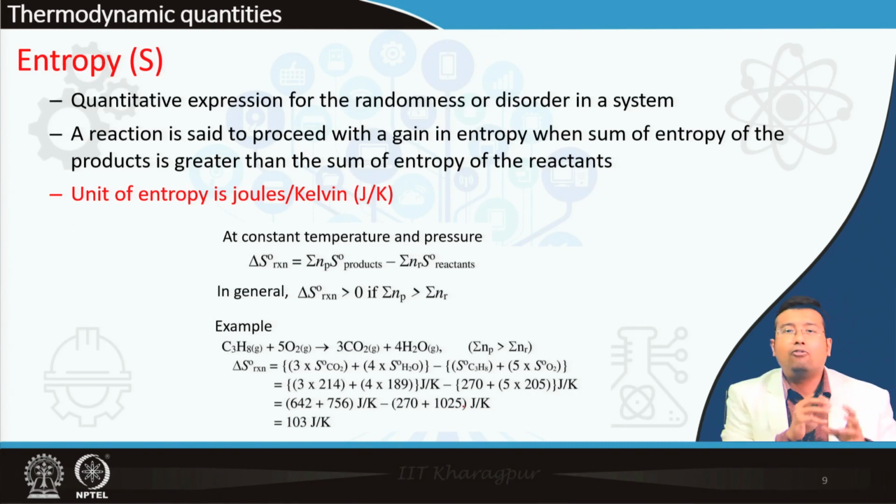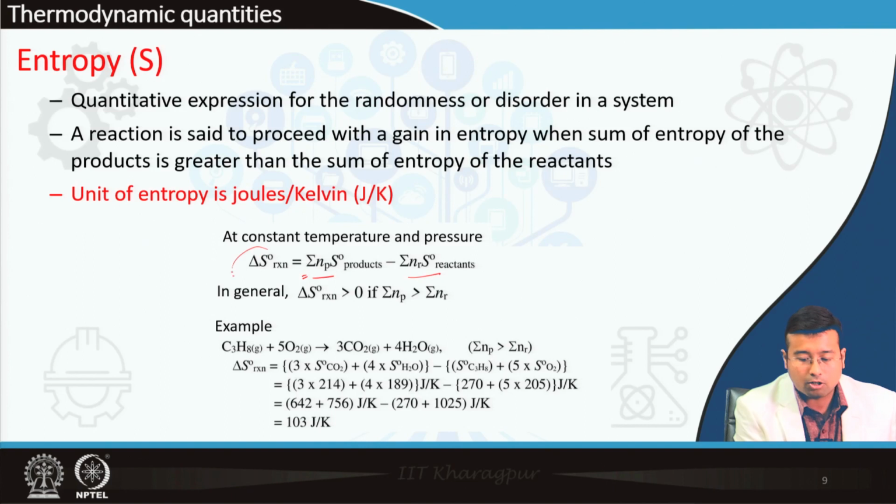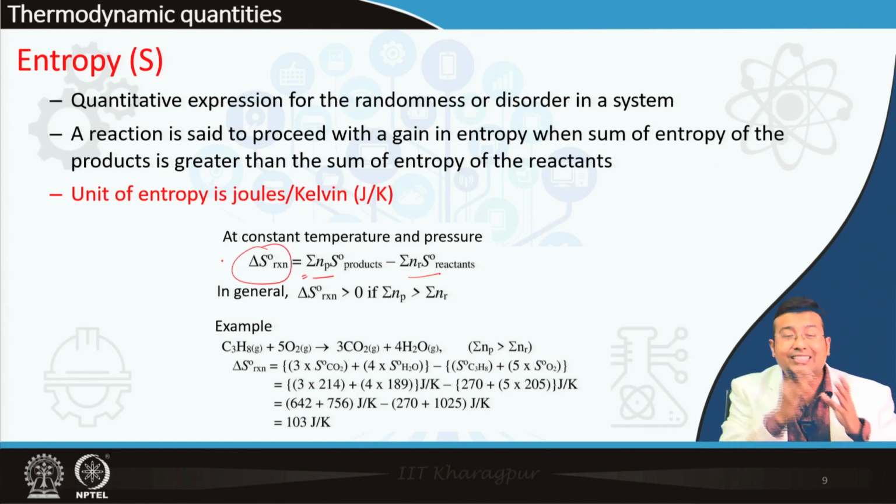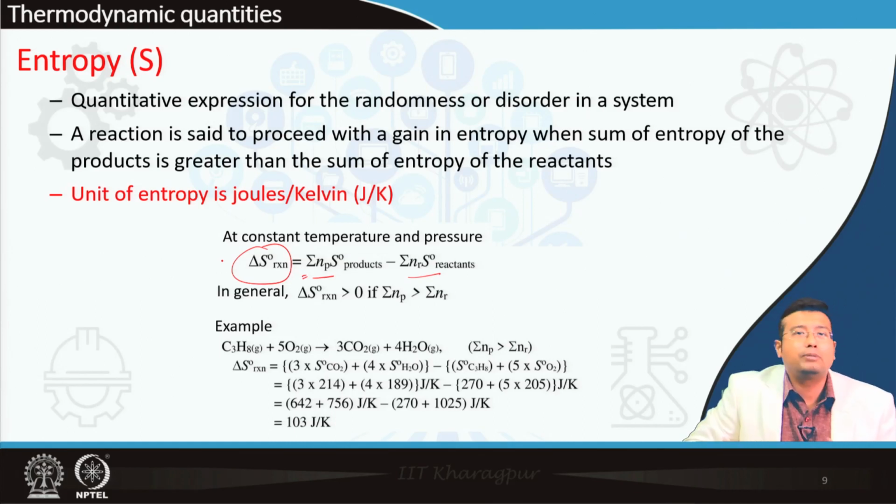For example, how will we measure entropy? The sum total of the entropy of the products minus the sum total of the entropy of the reactants, where sigma is the sign of summation. So this gives us the total entropy of the reaction. If the entropy of the reaction is positive, this means the reactant will be converted to product and the reaction will be spontaneous.